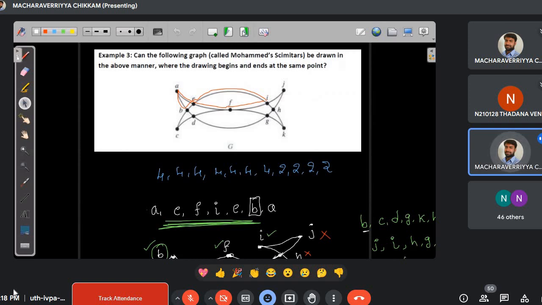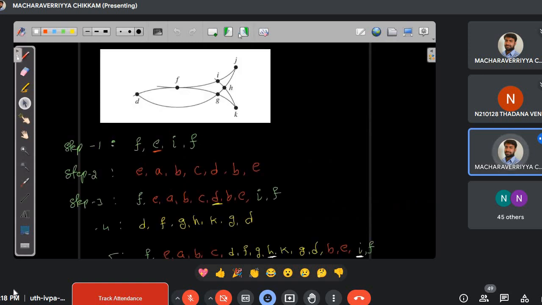And also we have seen a procedure to construct an Euler circuit or an Euler path. For an Euler circuit, what you have to do is identify a simple circuit first. Then you eliminate the edges involved in that simple circuit, and again find another simple circuit which starts at any one point of the previous circuit.